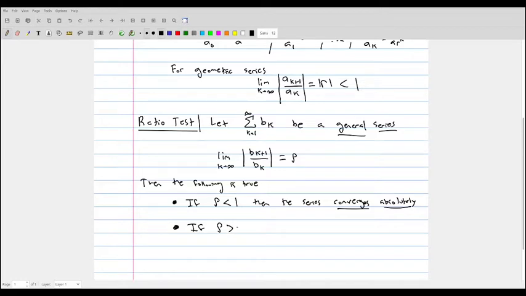If this limit of ratios is greater than 1, then the series diverges. And if this limit of ratios is equal to 1, then the test is inconclusive, which means we have to use another method to investigate the convergence of the series.